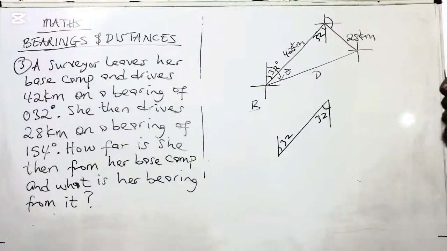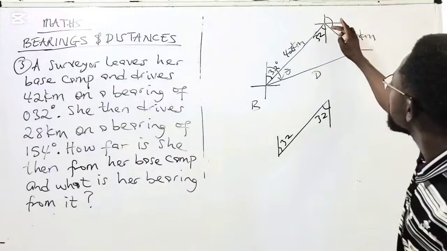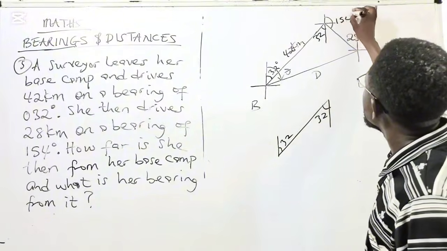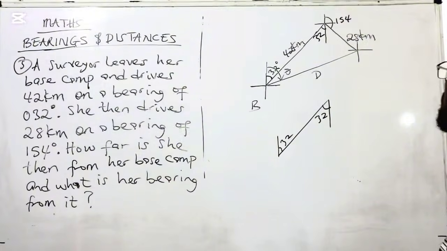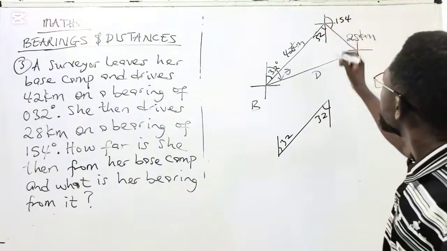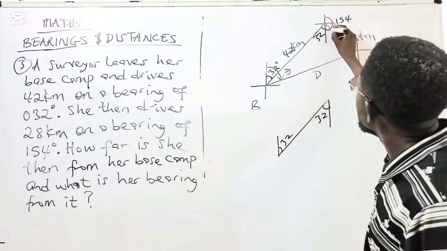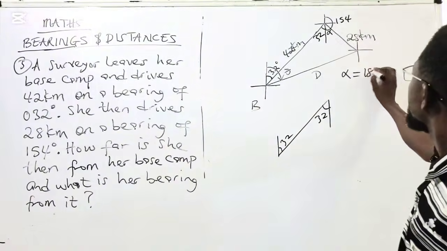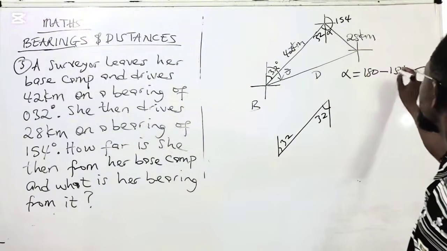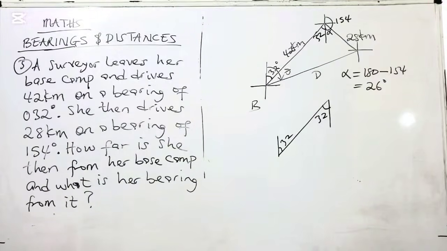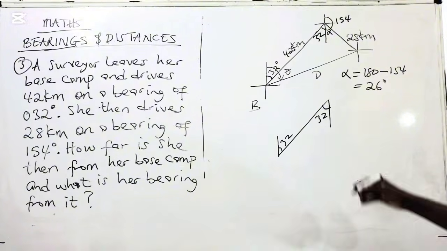And then remember, from here to this point was 154. So from here to here is 180. So if here is alpha, alpha will be 180 minus 154, and that will give us 26 degrees.